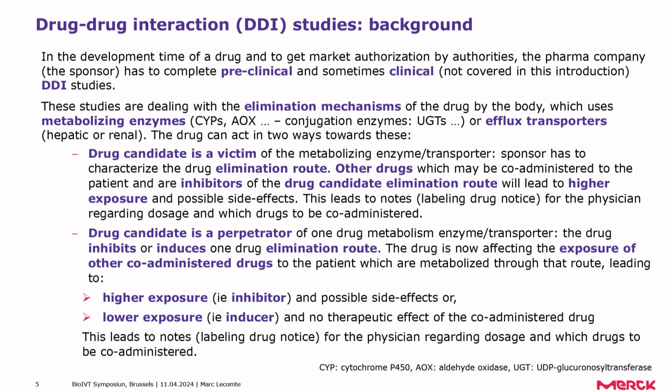In this case, the drug inhibits or induces the elimination route of other drugs. So the drug is now affecting the other co-administered drugs to the patient, which can lead to higher exposure if it's an inhibitor and possible side effects, or lower exposure in the case of an inducer, with the caveat that eventually no therapeutic effect of the co-administered drug can be noticed. And again, this has to be put in the drug labeling.